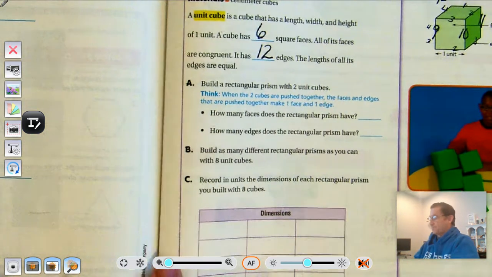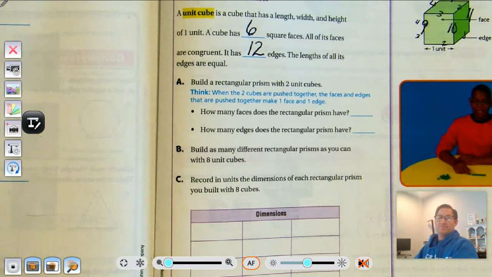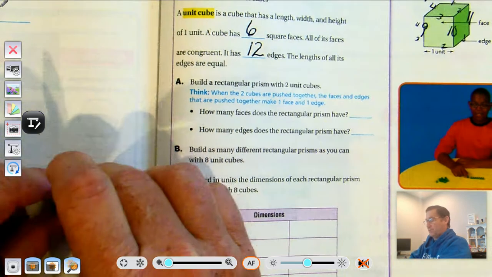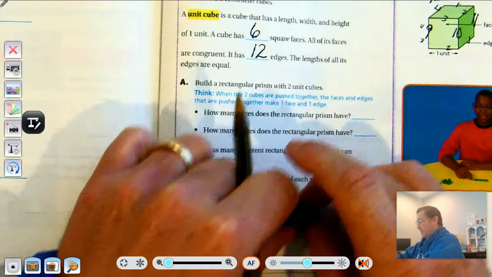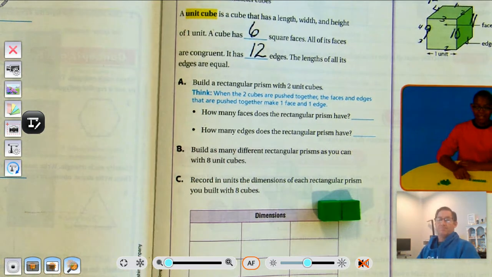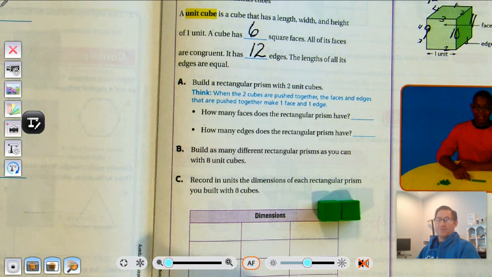So the question is, build a rectangular prism with 2 unit cubes. How many faces does the rectangular prism have? Well, let's push those together. Okay, so there's a rectangular prism that has how many faces? Well, when we push them together, the faces make one face and one edge.